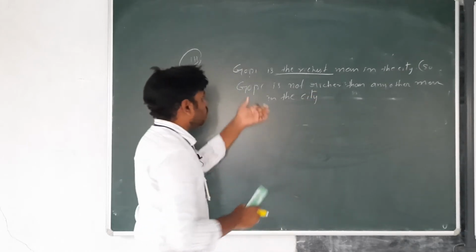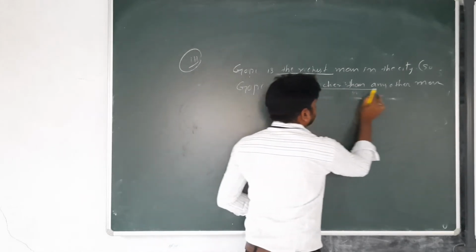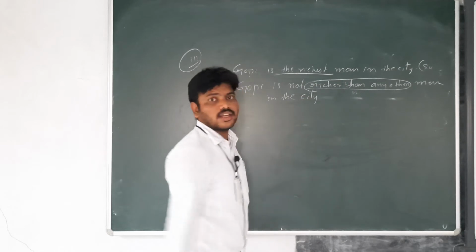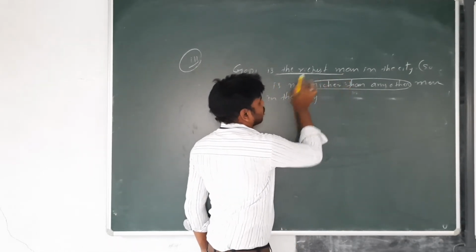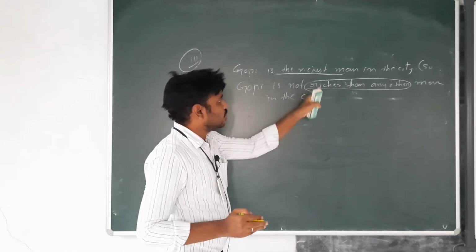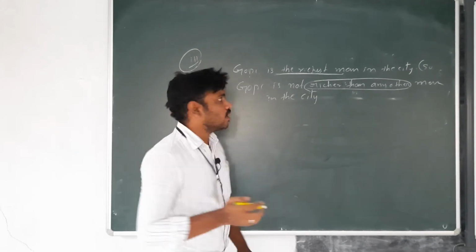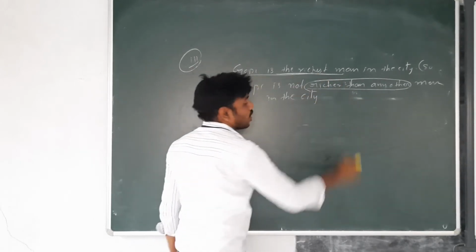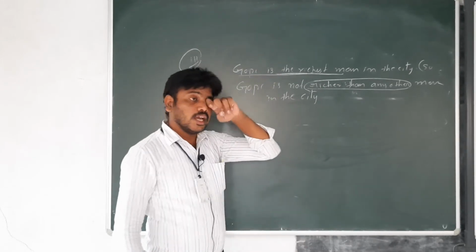Now see, Gopi is not richer than any other. Underline again, richer than any other. And here the richest man. Now positive degree, how can we write? When there is the richest or richer than any other, we should start with no other, because he is the richest man. We shouldn't write any other thing here.